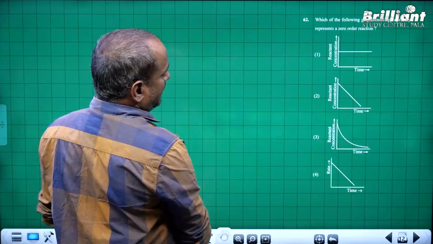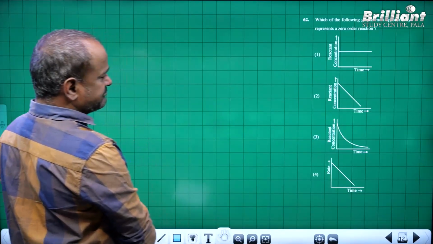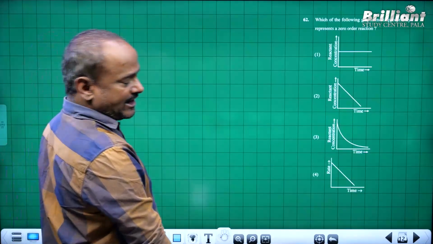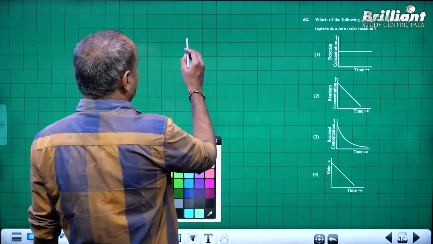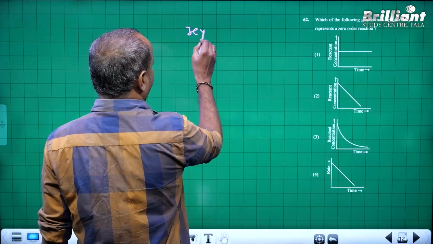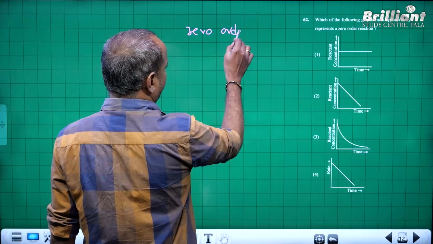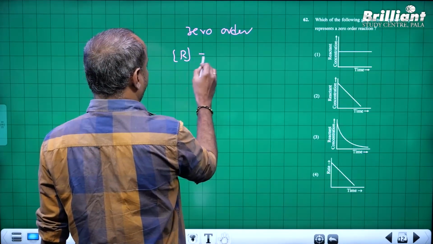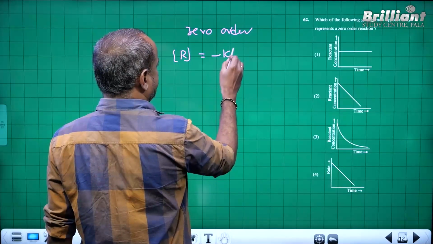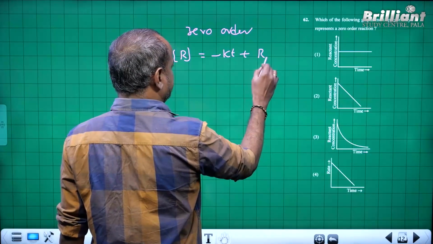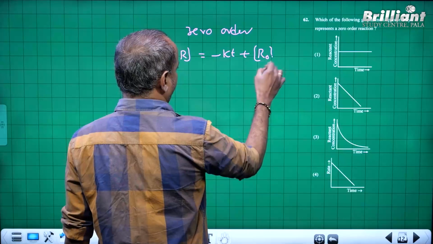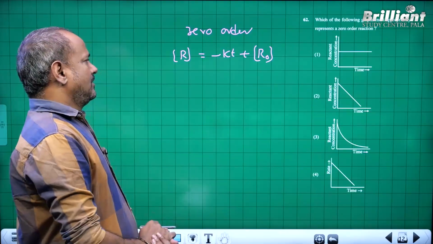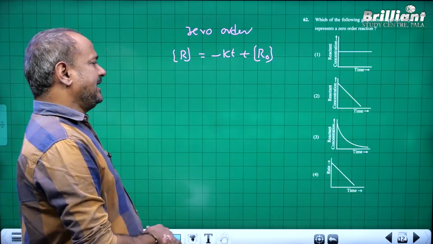Okay. Next, rate of reaction versus time for zero order reaction. So zero order kinetics means R is equal to minus KT plus R naught.